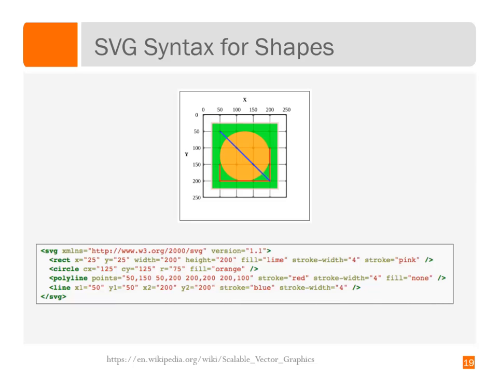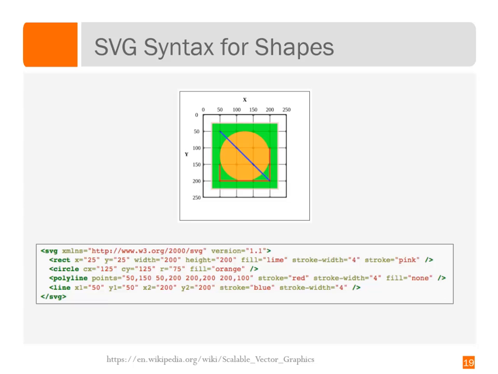So if I read over on the X to 200, read down on the Y to 200, and I look, that is the end point of the next segment, so the second little segment in our polyline. And then my final coordinate is at 200, 100, so I read over 200 on the X and down 100 on the Y, and that creates the final segment of our polyline.